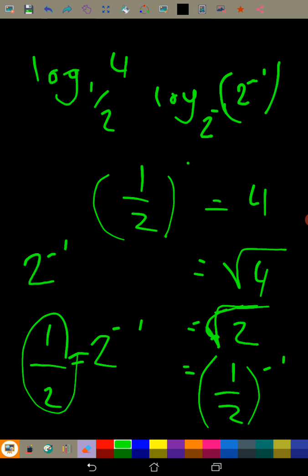So if you have 2 to the power -1 is equal to 4, we just have 2 here, and we have 2 here. So this one is complicated.